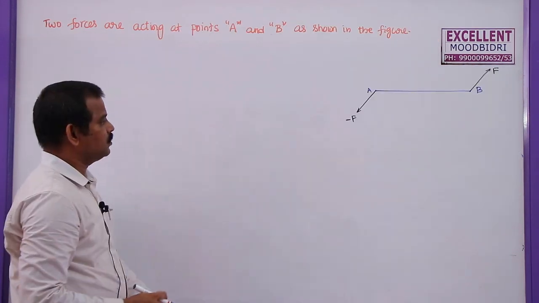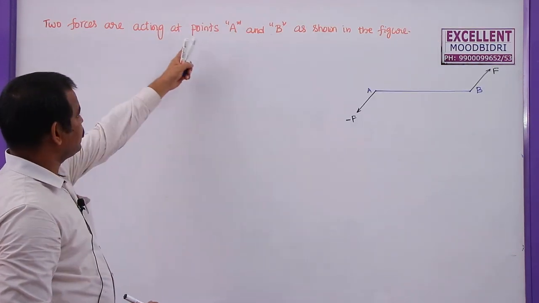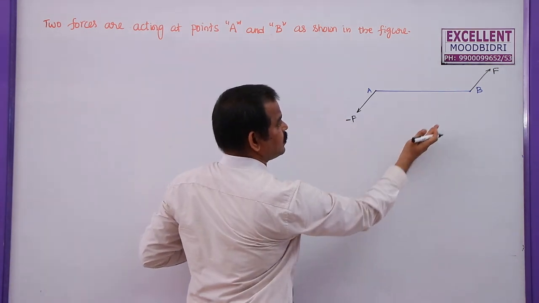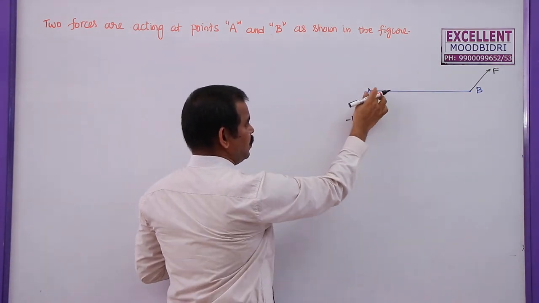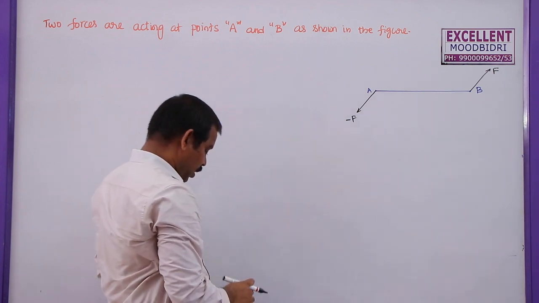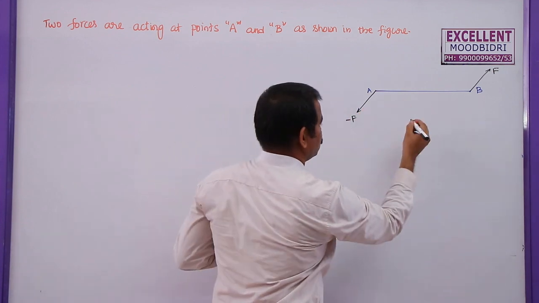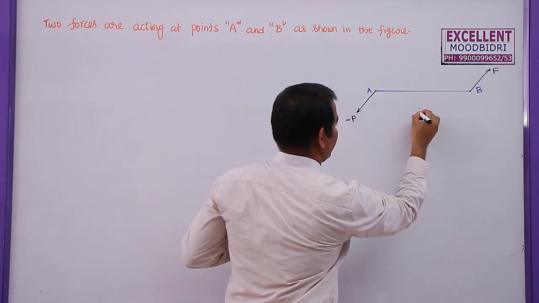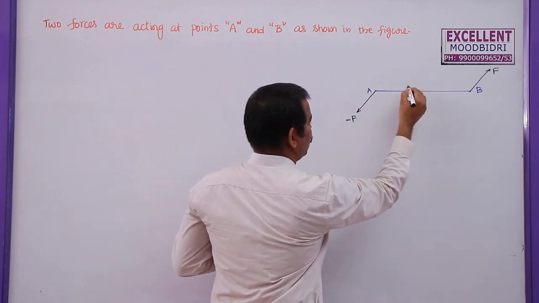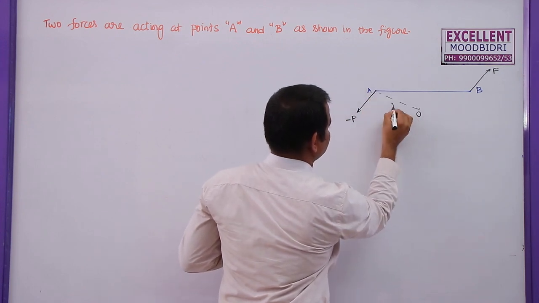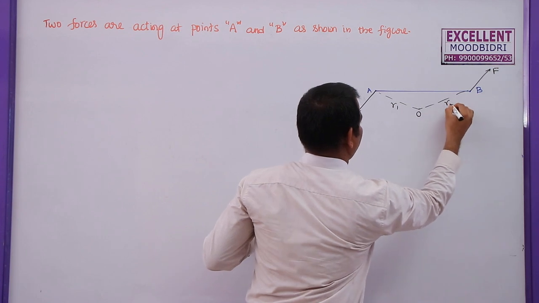In this case, two forces are acting at points A and B as shown in the figure. So, this is minus F, this is plus F. Why? Because it is acting in one direction. This is a similar force, but acting opposite to this one. Now, how to find out the torque of these two forces about a point? Let me take a point here, O. Let the distances from the forces be R1 and R2.